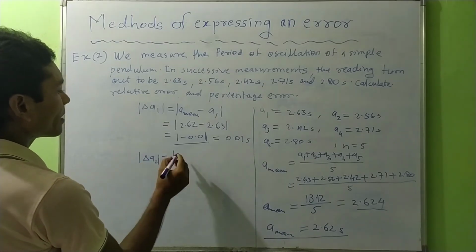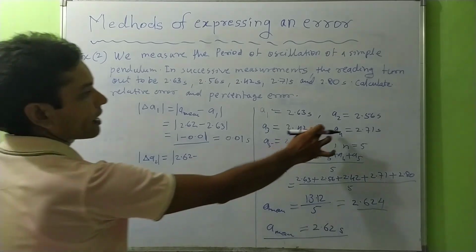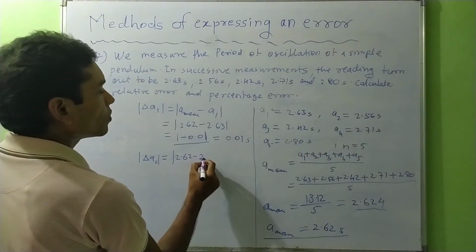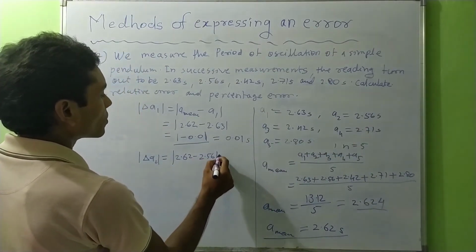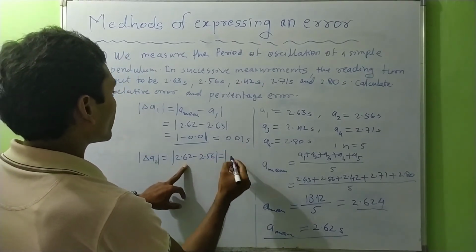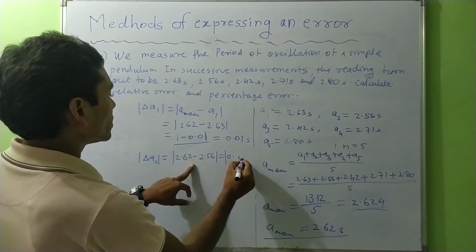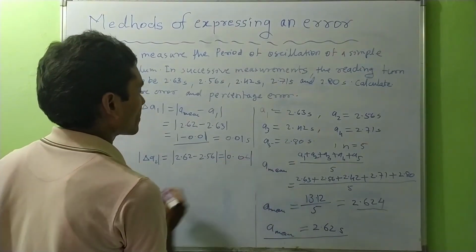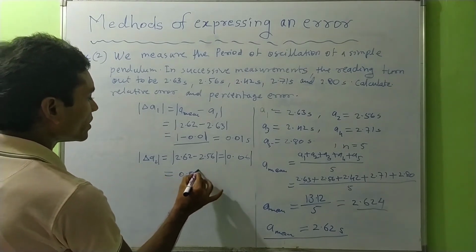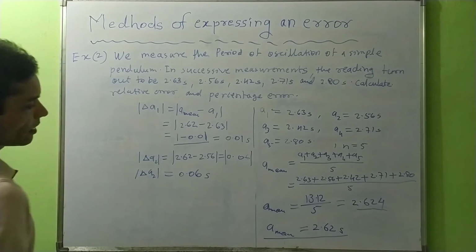Now the second absolute error will be modulus del A2. It will be equal, the mean value is 2.62 and the second value is 2.56. So it will be 0.06 second. It is equal to del A2.